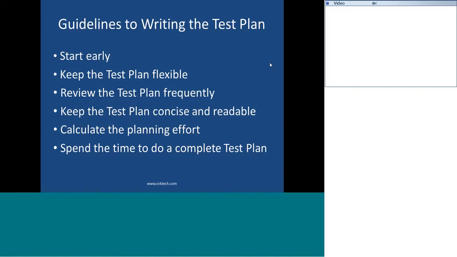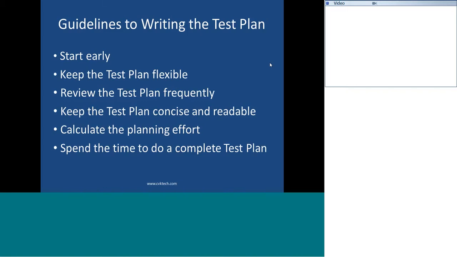The team may take a decision saying that we may go for the Selenium tool. So in that case, you will update the test plan, and you will write that we are going to use the Selenium tool as part of our test automation. So the test plan should be flexible, and there should not be any resistance toward test plan changes. All the changes should be accepted into the test plan.